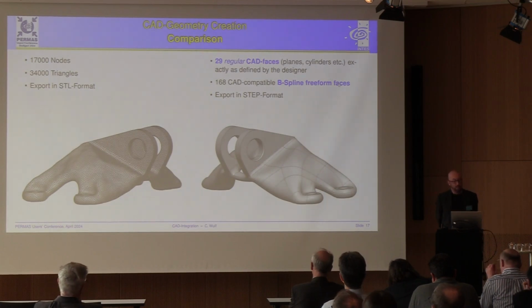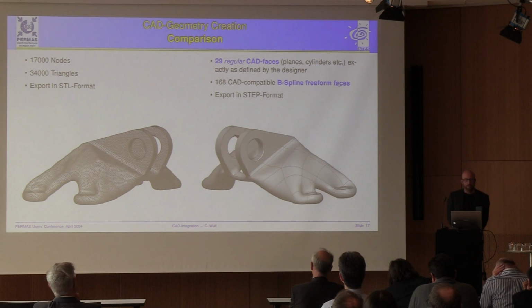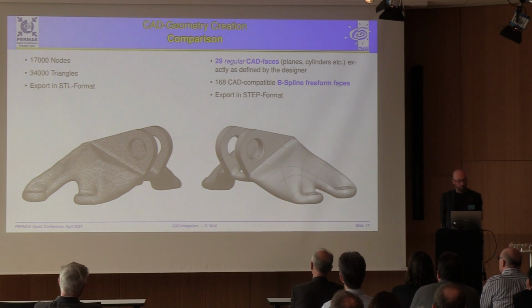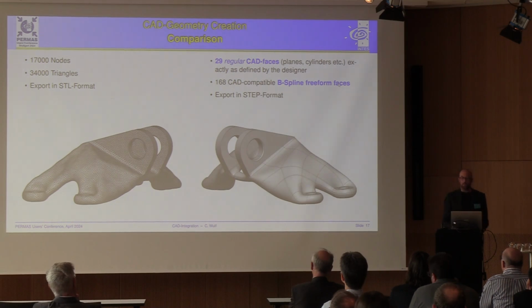Now, as a result, you can see the comparison with the state of the art before version 20 of VisPER. We have a result of a topology optimization with 70,000 nodes, 34,000 triangles, typically exported in STL format, with all the drawbacks I already mentioned. Now the result is a geometry consisting of 29 regular cut faces.